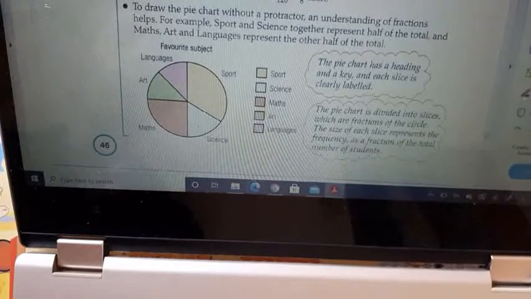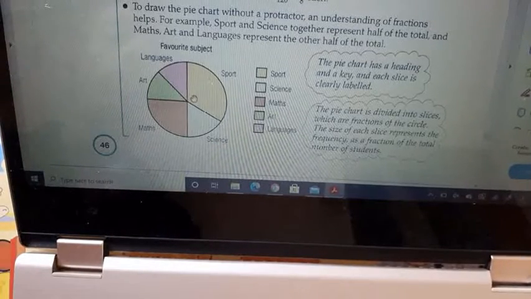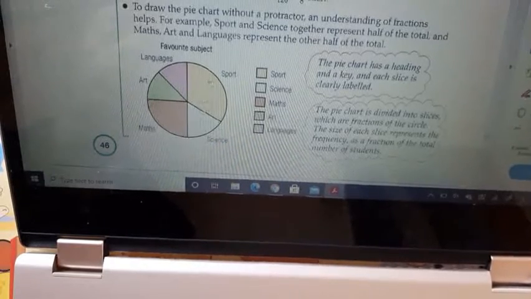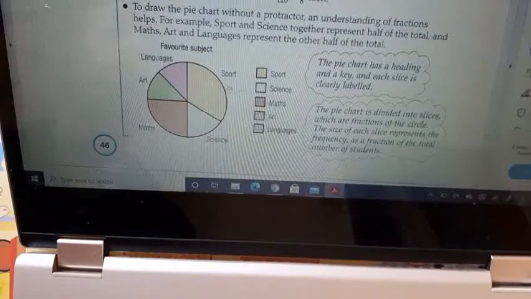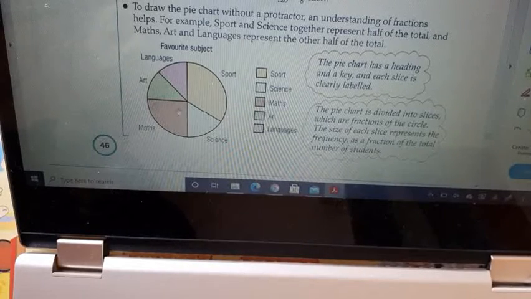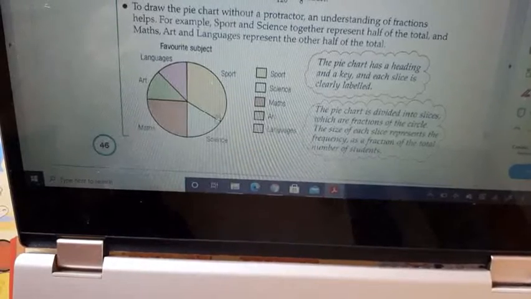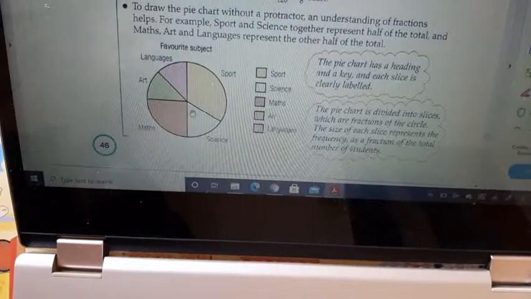And as you notice, the pie chart has slices or sections. This is one section or one slice. In this pie chart we have 5 slices, right? Each slice is clearly labeled with the names, for example, sports, science, maths, art, and languages.